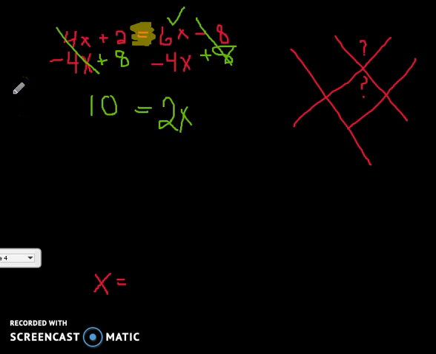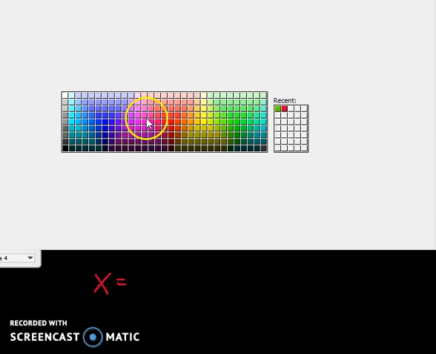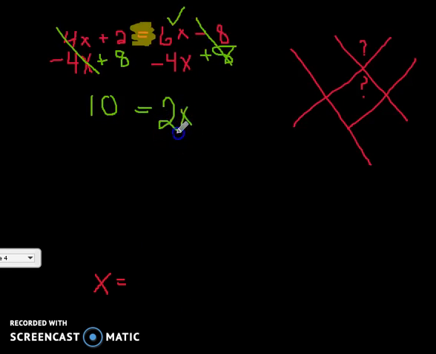And then the last step in these equations is to undo this. So what does this mean? If I have a number next to a variable, it means to, you got it, multiply 2 times x. Well, what is the opposite or inverse operation of multiplication? Division. So we are going to divide both sides by that number that is in front of that x.